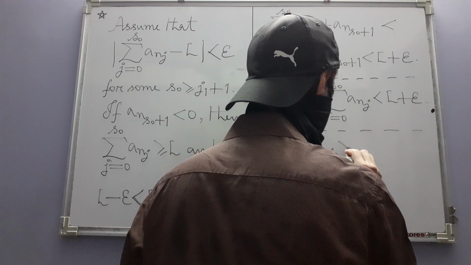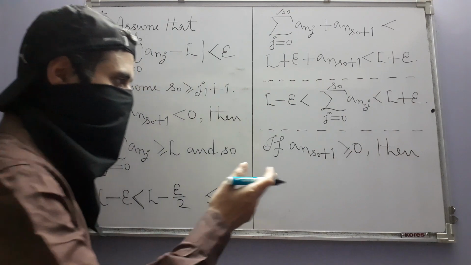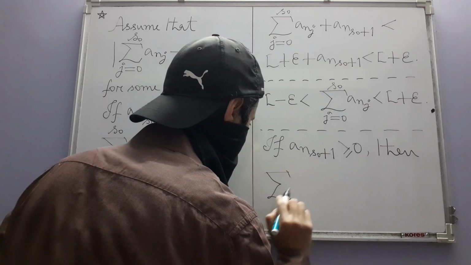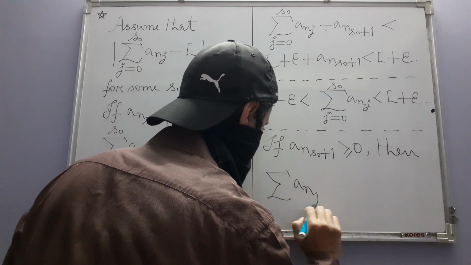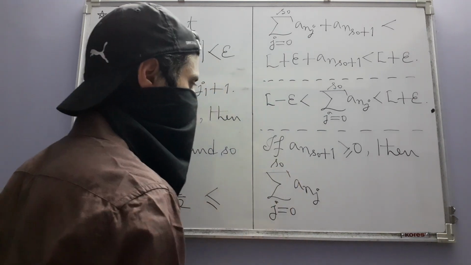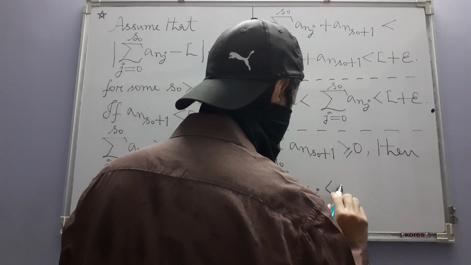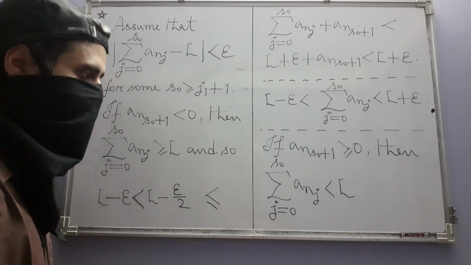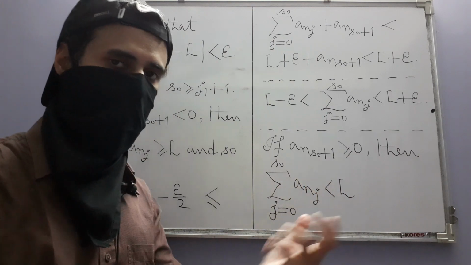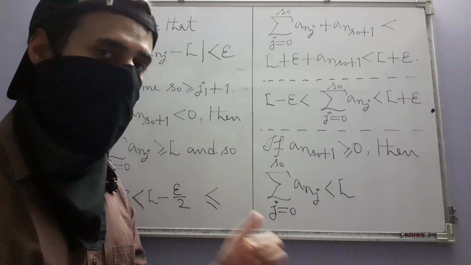Now if this is non-negative, then again doing that case 1, case 2 business, zero to S naught, in this case it would have to be the exact opposite. It has to be less than L, because then only n S naught plus 1, and this would fall under case 2. So n S naught plus 1 would then come from capital A minus.